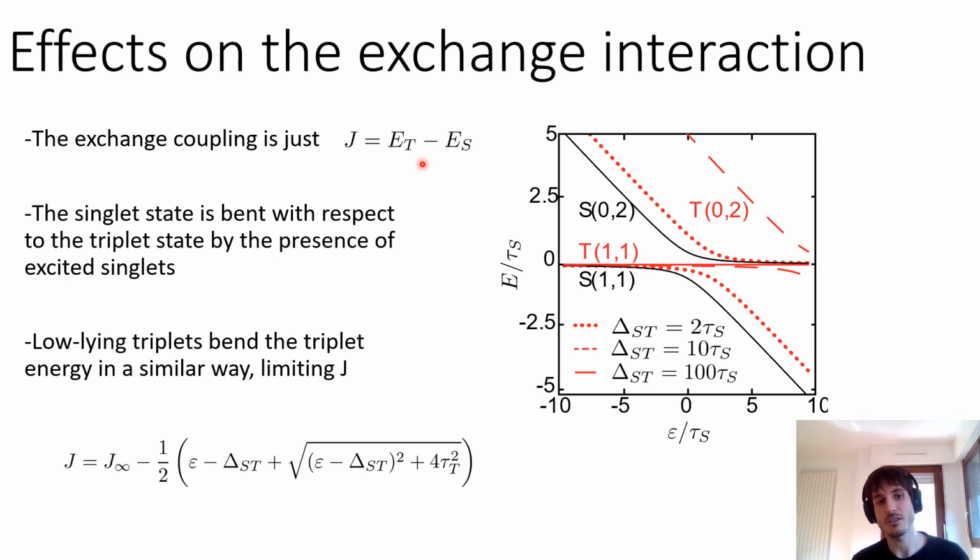But if it also happens to the triplet state, then the relative bending of the levels is going to get reduced. So your expected exchange coupling is going to be limited by the presence of a low-lying triplet state. And you have here the formula for the real exchange coupling in terms of the exchange coupling for the triplet state at infinity. This can get reduced by a factor of 2 or 4 quite easily.